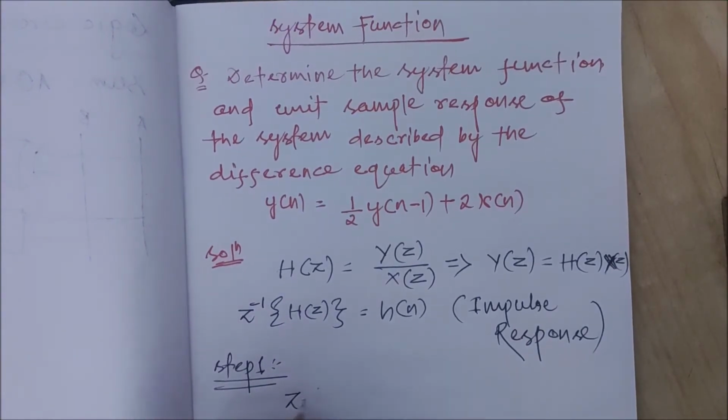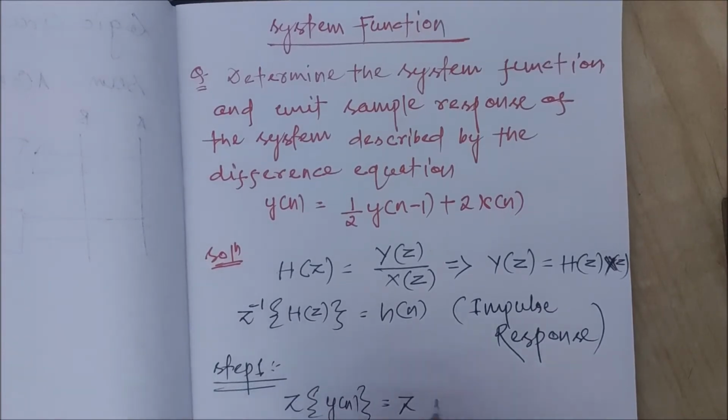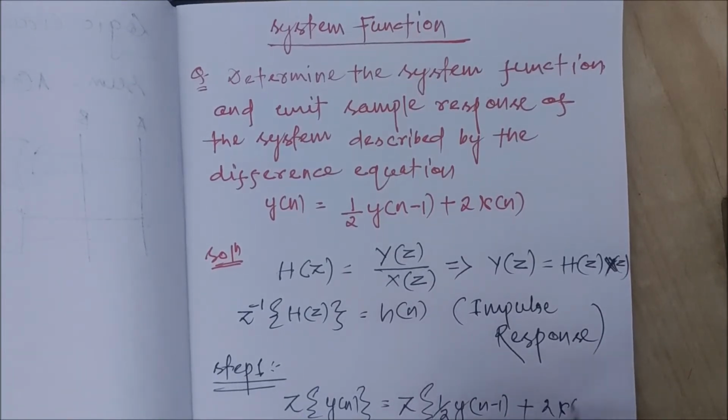Z transform of y of n is equal to z transform of 1 by 2 y of n minus 1 plus 2 times x of n.